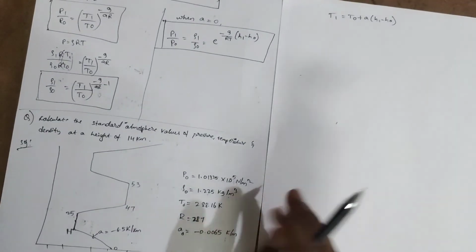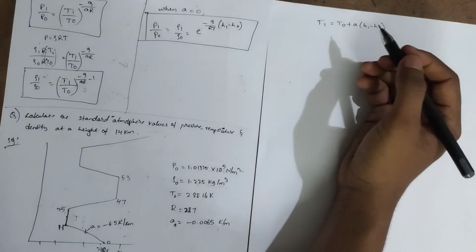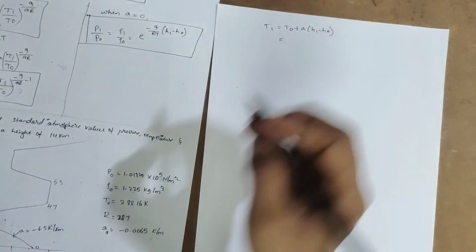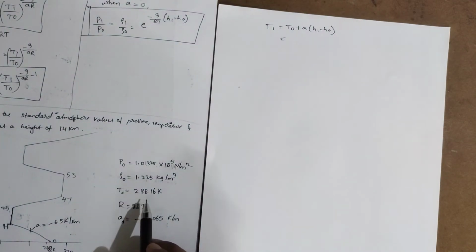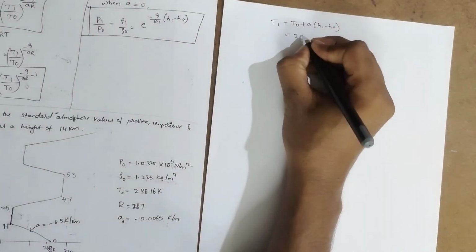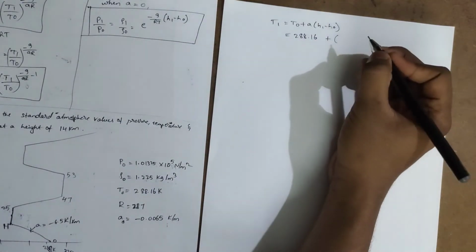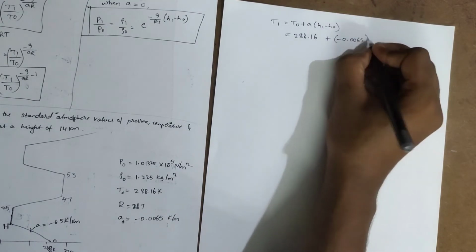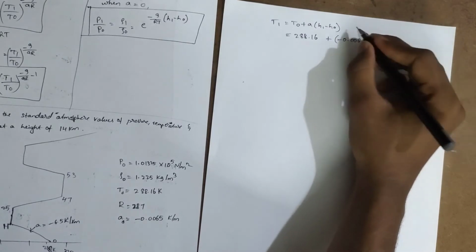So I'll explain with the problem right now. T1 is equal to T0 plus A into H1 minus H0 is the Toussaint formula. T0 is the temperature at the atmospheric level, which is 288.16 Kelvin, plus lapse rate is minus 0.0065 Kelvin per meter, and we'll multiply with heights.